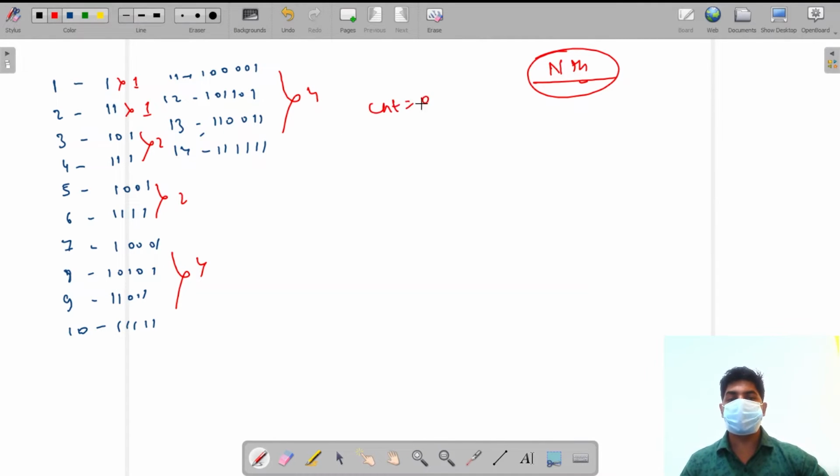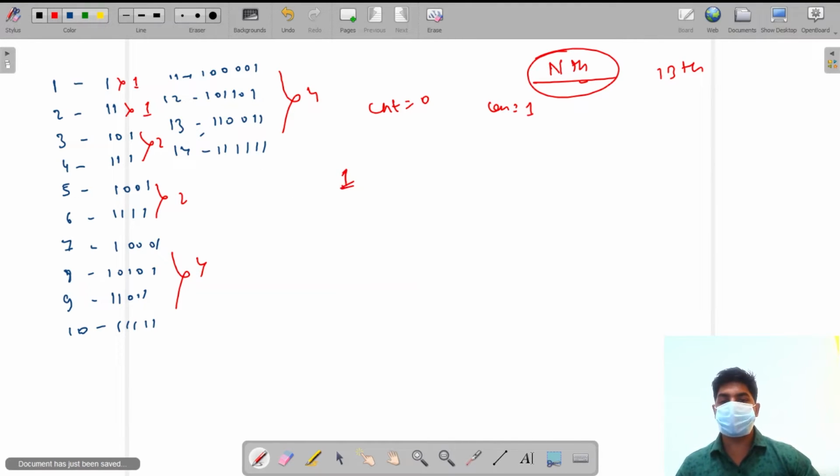I will maintain a counter equal to 0 and length equal to 1. I will first check length 1 and see how many representations there are. There is only one, and let's suppose I want the 13th number whose representation is a palindrome. I have got only the first representation, so I will add more.